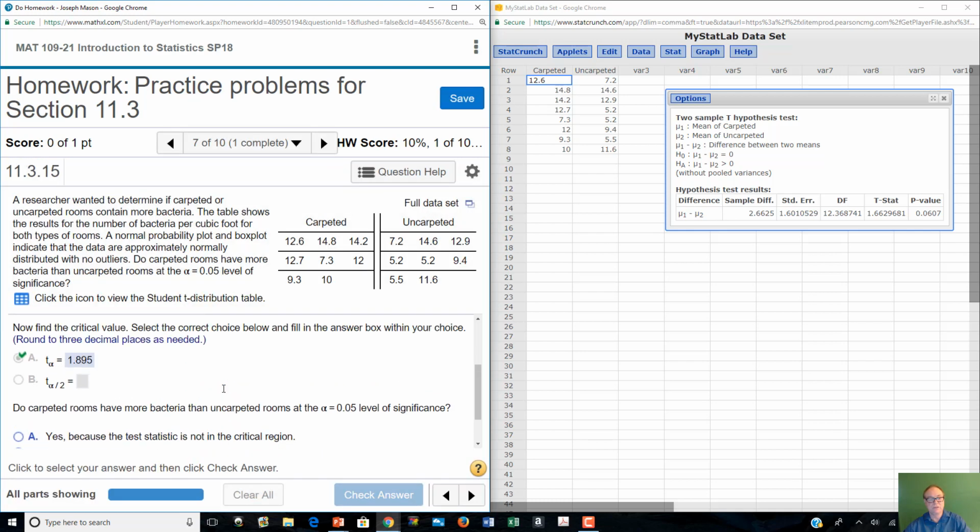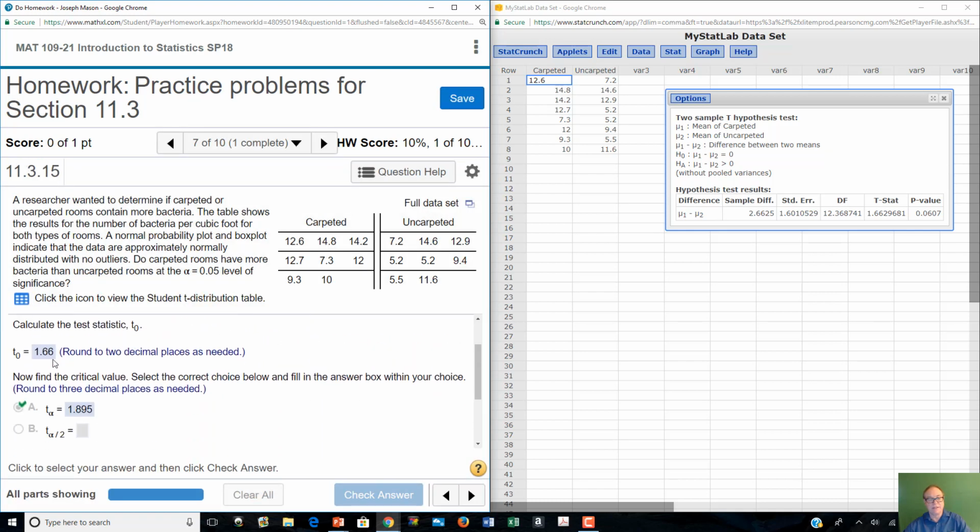Now, if we look at this, T0 was 1.66. This is 1.895. Remember, this is your critical value. If you're beyond that critical value, you're in the critical region, so you would reject. If you're not beyond that point, you would fail to reject. Well, if you look at 1.66, it's going to come before 1.895.